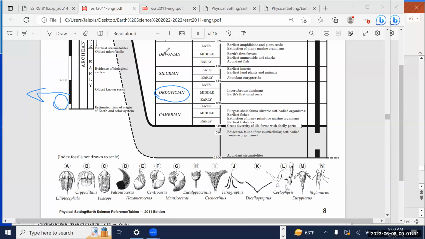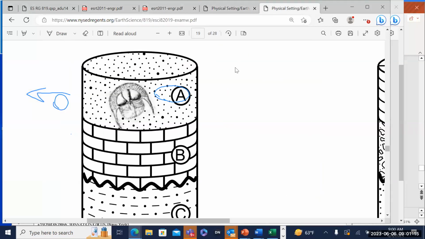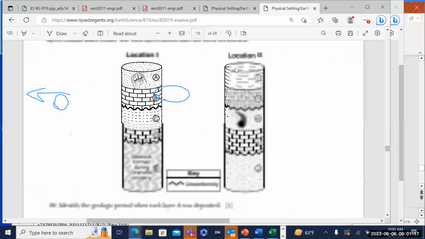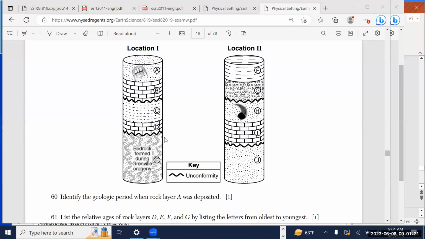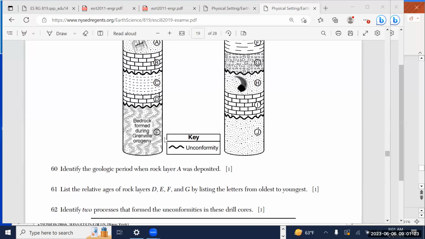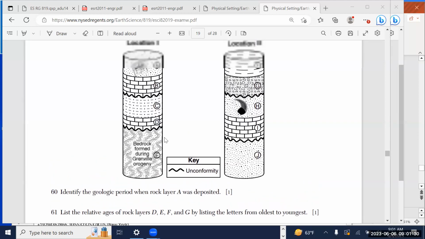Let's look at number 61. Number 61 says list the relative ages of rock layers D, E, F, and G by listing the letters from oldest to youngest.